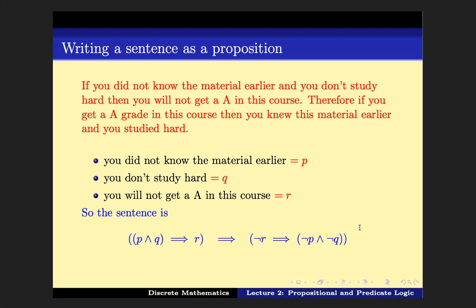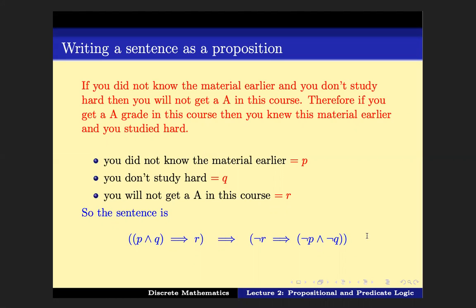Now I can ask this question: is this statement correct? I don't care about whether you have studied the material or not. This statement is independent of you. It has become a mathematical statement. Now we can ask, is this the right statement or not? Is it a true statement?